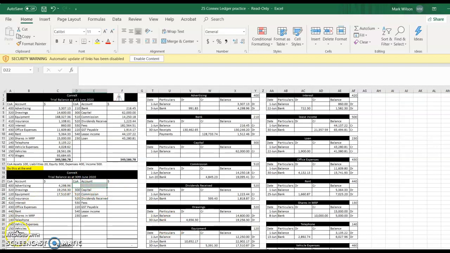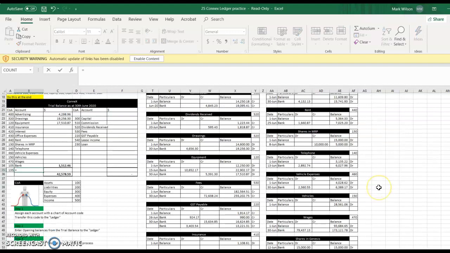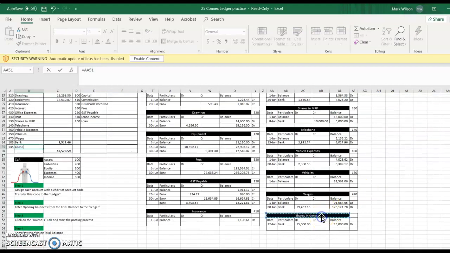So I just want you to delete that one and make it number like 105 for bank. And that changes. That's the trap that most people got caught on. And the other one is 135. We're going to put a new account, shares in Genesis, and the closing balance for shares in Genesis is 15,000.